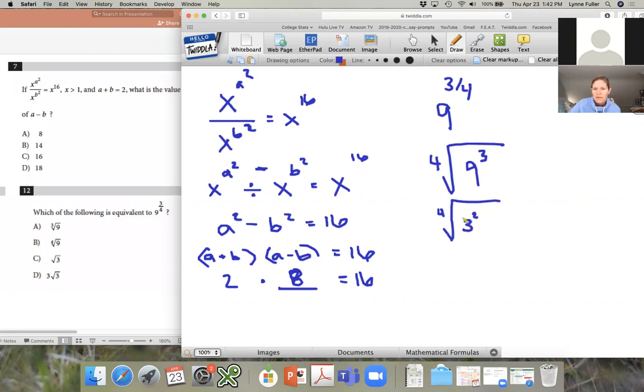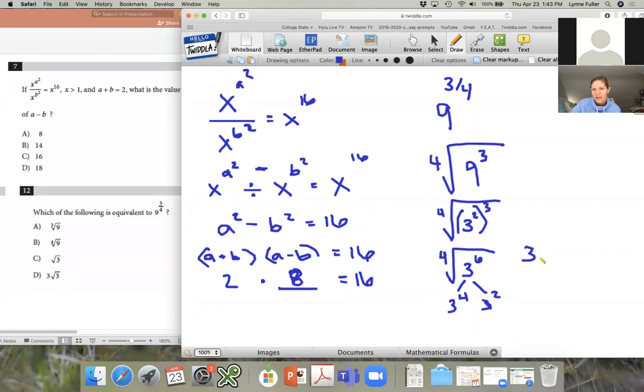So that would be 3 squared to the 3rd, which would be 3 to the 6th, or the 4th root of 3 to the 6th. So what we're left with is we can take a 3 to the 4th out, and then we're left with a 3 squared on the inside.